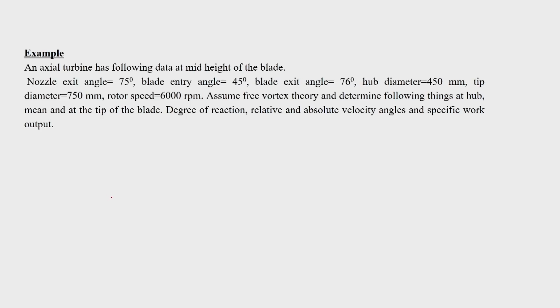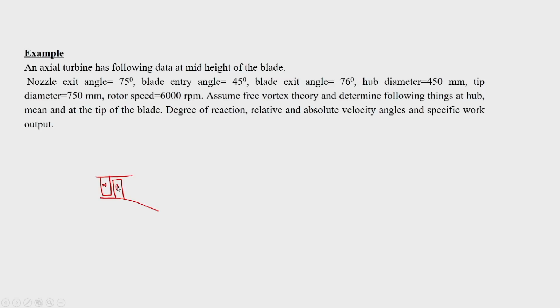So at the mid plane of the height, we know that typically this is a turbine, so we have the blade over here. This is a stage, so we would have first the nozzle, and then we have the blade.